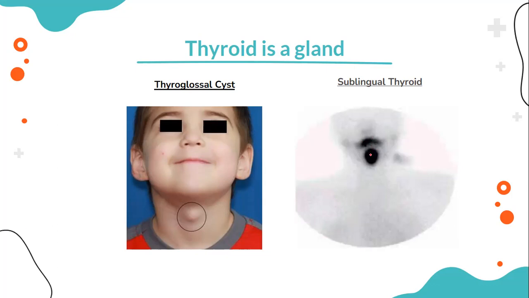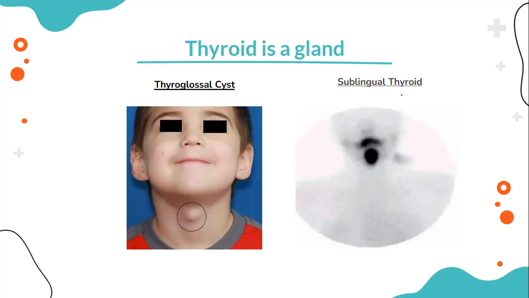What would be normal is this image down here, because this is the normal position of the gland. However, since we might have a failure in migration of the gland, this gland tissue would also bind to iodine, and this is called a sublingual thyroid.